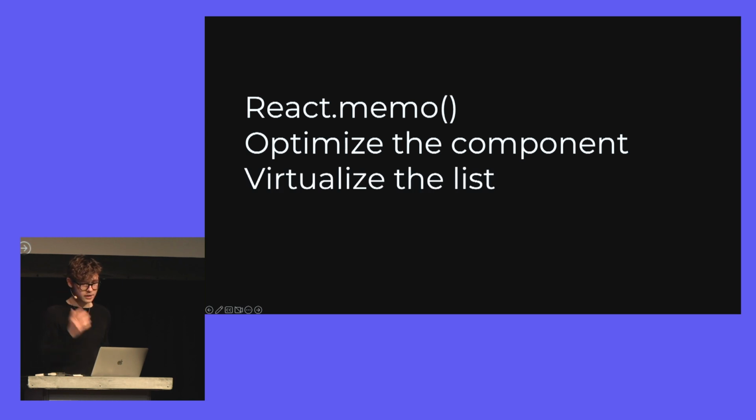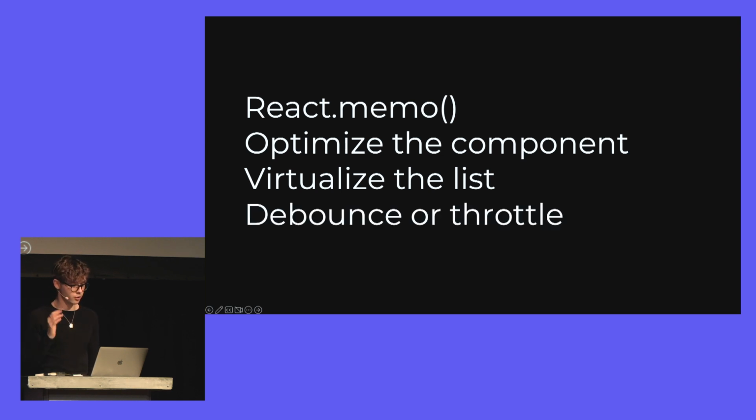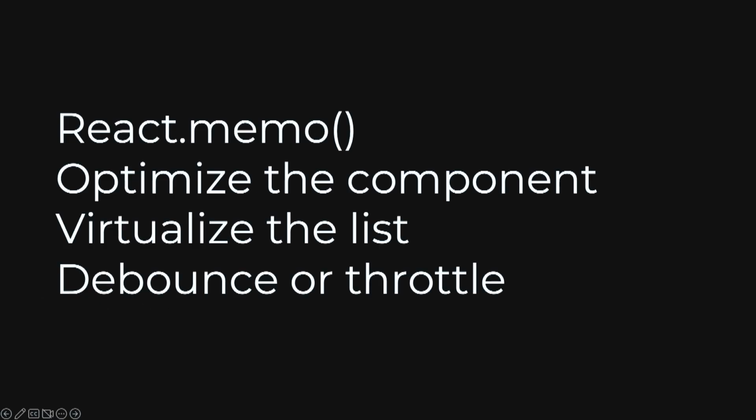We can virtualize the list, which some talks mentioned yesterday, where instead of rendering the whole list of 1,000 nodes, you would render just a list of 10 or 15 nodes, and that would also be cheaper. You could debounce or throttle. These are all great solutions, and you can even combine them.